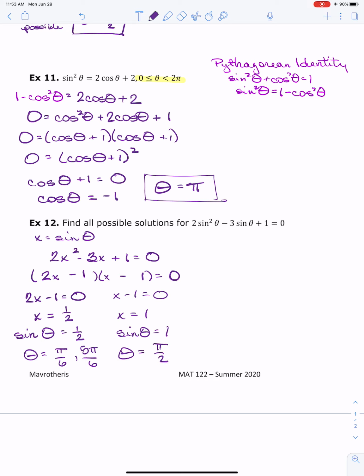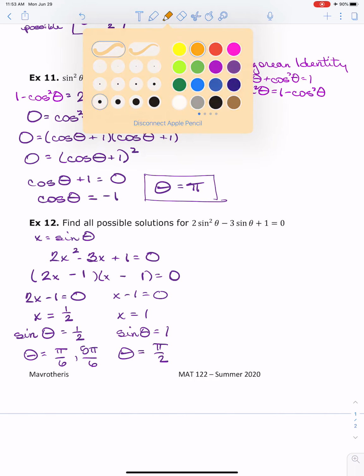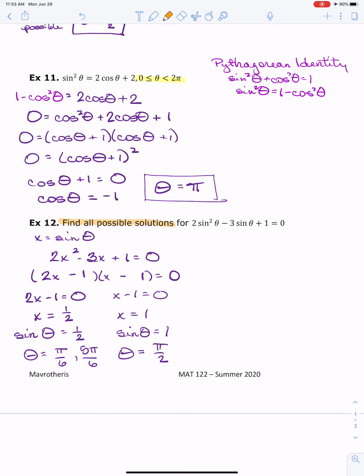Now I'm going to go back up to my problem statement, and notice here that it says find all possible solutions. So that means we're not just going around that unit circle once. We want every coterminal angle. So I got theta equals pi over 6 plus anything that's coterminal to that, plus 2k pi. Theta equals 5 pi over 6 plus 2k pi.